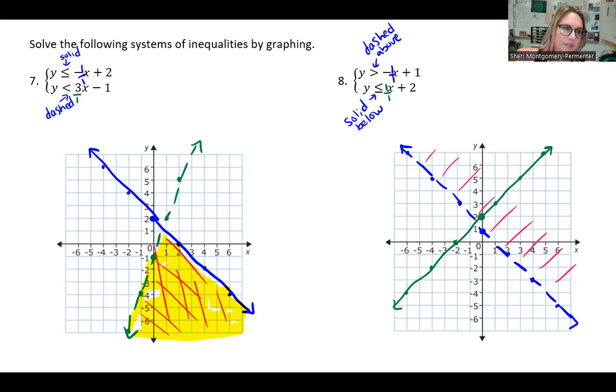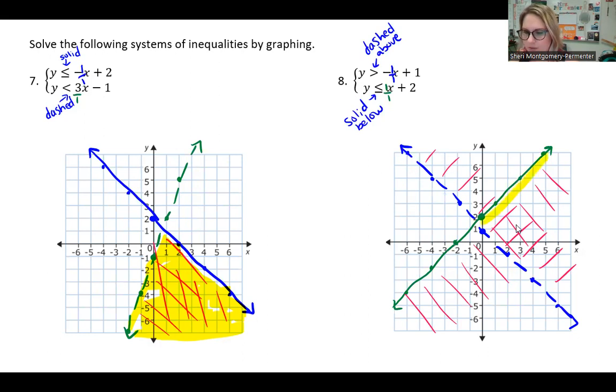And I will shade this graph below. Can you find the overlapping shaded region? Can you not see that these have both lines in it? Yeah, the overlapping shaded region.